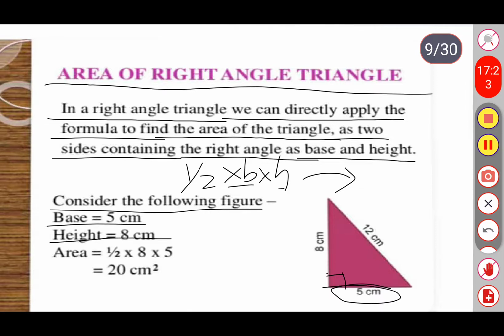So which formula are you going to use here? Area of triangle is equal to half into base into height. Base is given as 5 centimeter and height is 8 centimeter. So 2 fours are 8, 4 fives are 20 centimeter square is the area of the triangle.